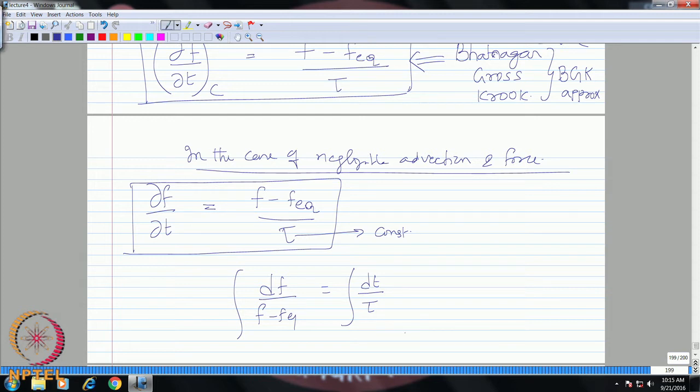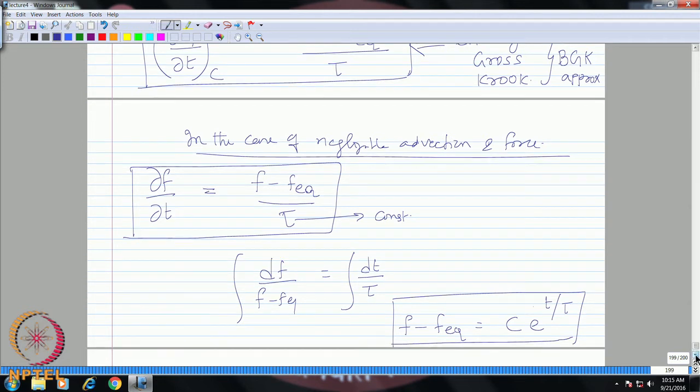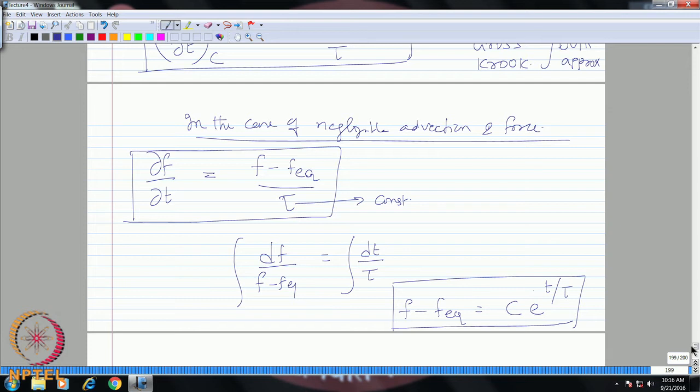So, we have f minus f equilibrium is equal to C e raised to t upon tau. So, this is the solution for this case where the distribution function is not a function of space and momentum, but only a function of time.